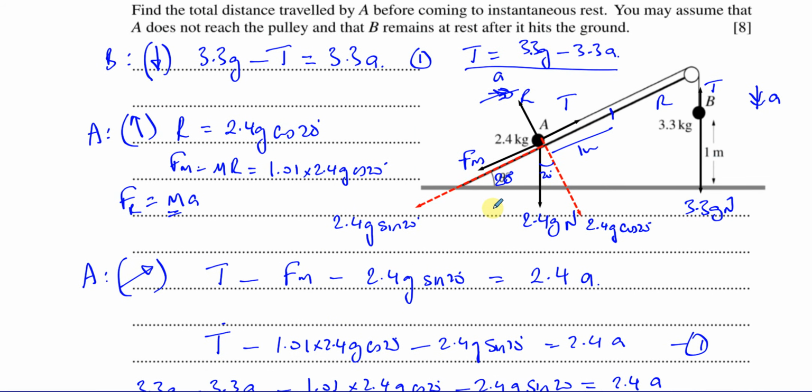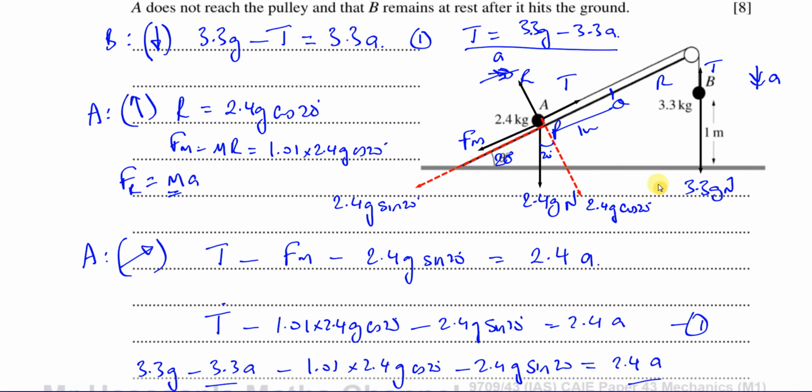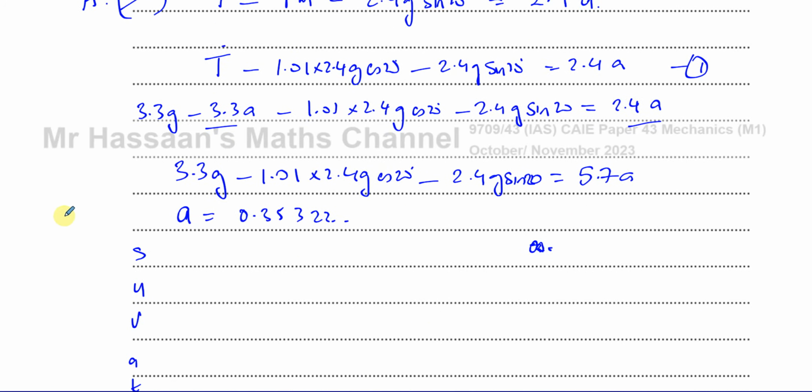This is between P and Q. So S is 1 meter, U is 0, it's released from rest, V is what we have to find, and A is 0.35322. So we don't need to know what T is. Here we can say that V squared equals U squared plus 2AS. So V squared equals 0 plus 2 times 0.35322 times 1.